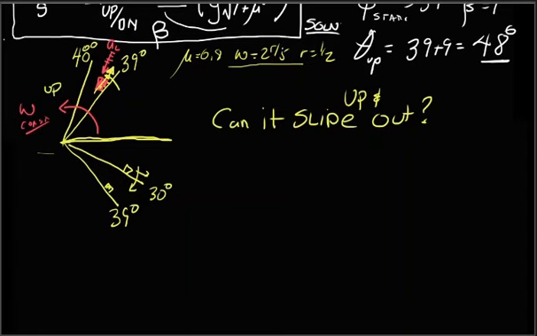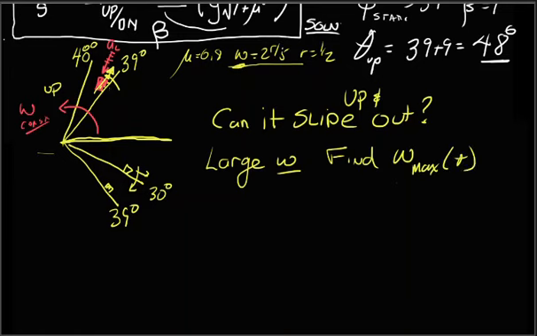And that's an interesting scenario. First case, it would have to have a larger omega than we have now in order to reverse that motion. So we need a large omega. So let's find omega max for any given angle and see what that effect is.